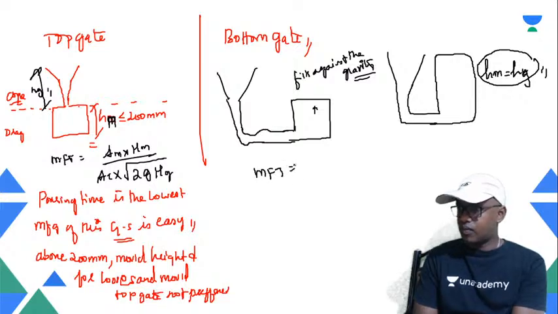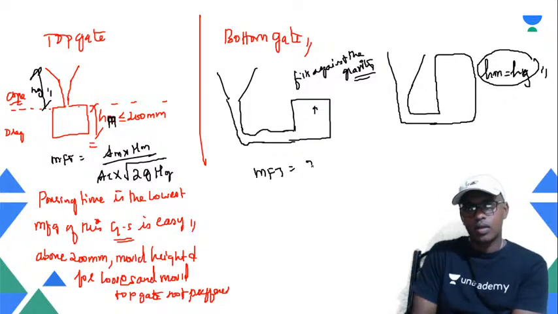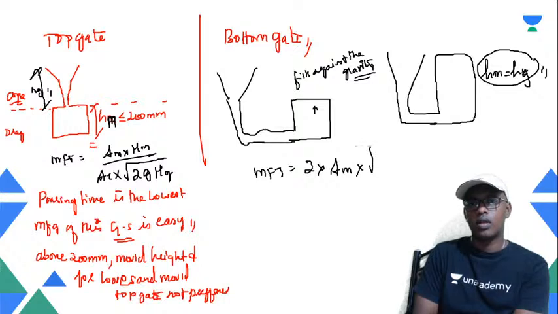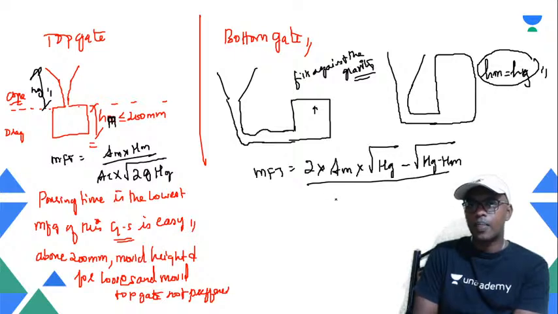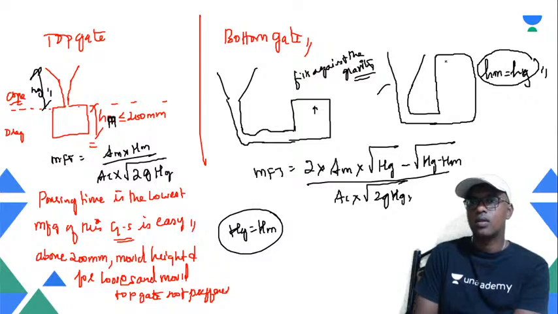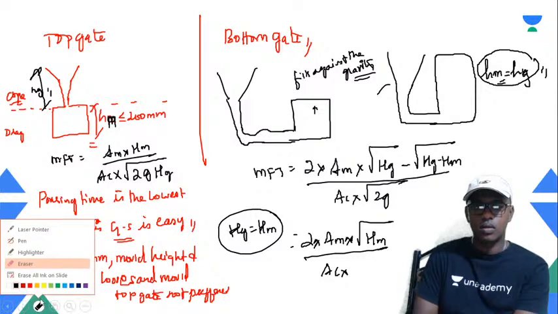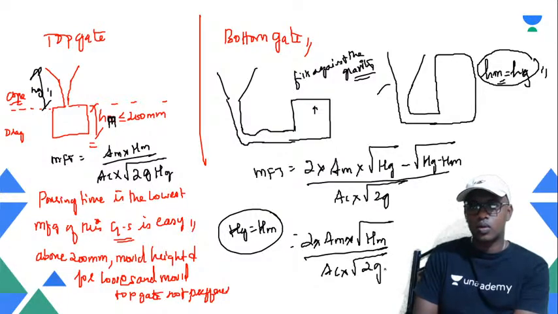Here the mold filling time will be, my dear students, similarly, 2 times the area of the mold into root over H of G minus root over H of G minus HM, divided by AC into root over 2G H of G. If the height of the gating system is equal to the height of the mold, you will get 2 times AM into root over HM divided by AC into root over 2G. This won't come in the denominator.